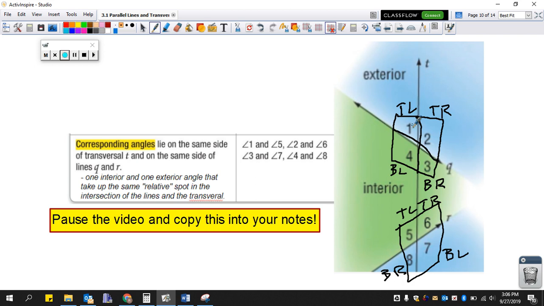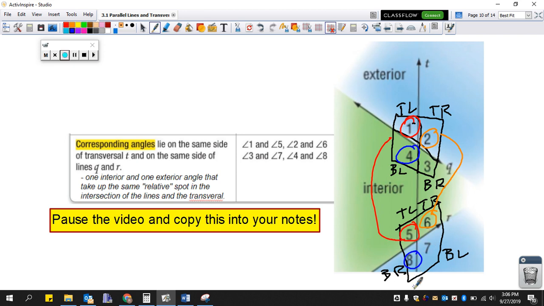So the corresponding angles are the angles that take up the same spaces. Top left goes with top left, so 1 goes with 5. So 1 and 5 are corresponding angles. 2 and 6 are corresponding angles because they're both top rights. Along the same lines, you have 4 and 8, bottom rights.